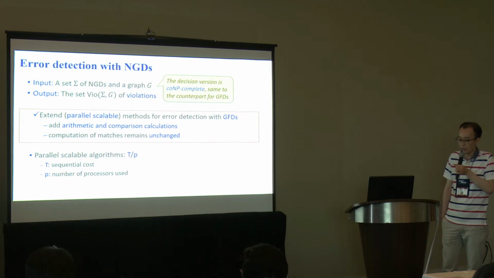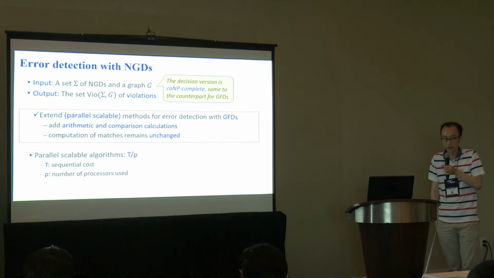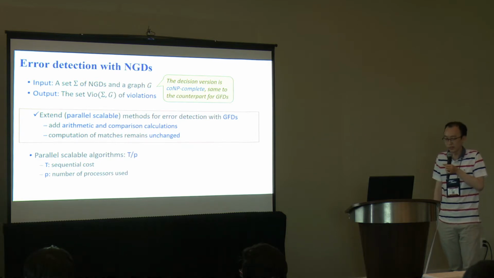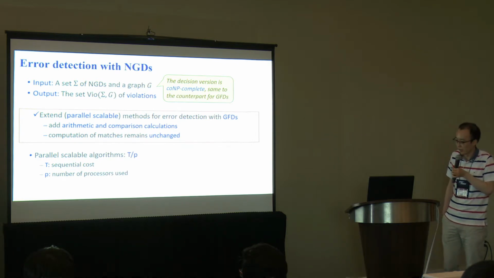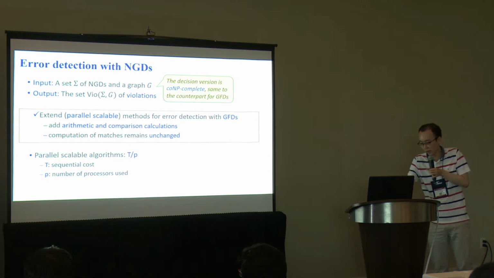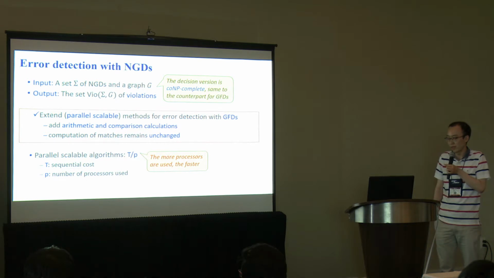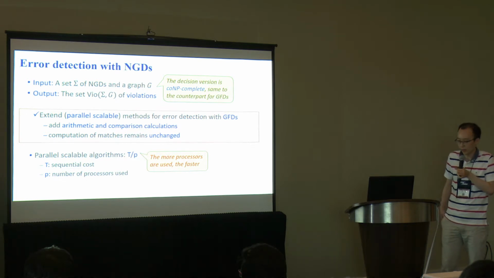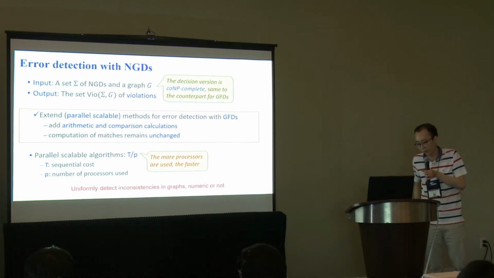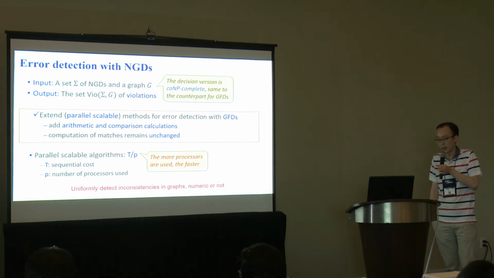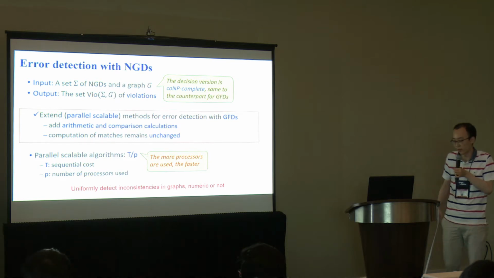Actually, the only change involves local checking of NGDs at each fragment of the distributed graph, and the generation of homomorphic mappings remain unchanged, which dominate the cost of the algorithms. The algorithms are parallel scalable, that guarantee to reduce the running time with more processors are used, so they can scale with large graphs by adding resources. As a result, we can uniformly detect errors in graphs with NGDs, whether numeric or not.